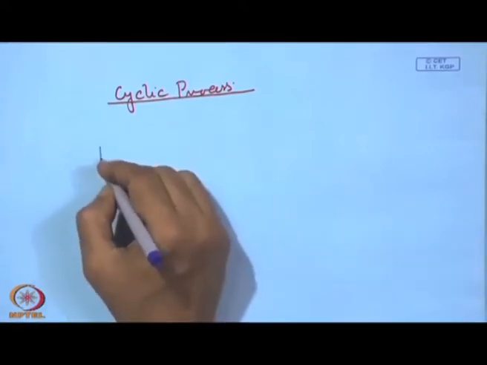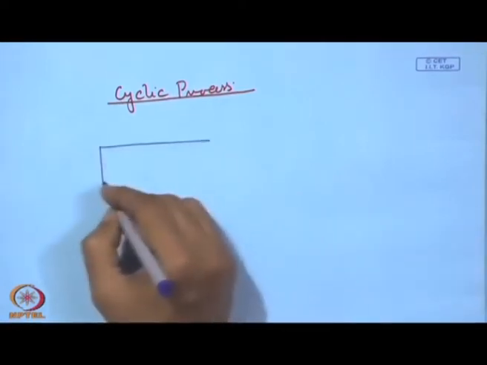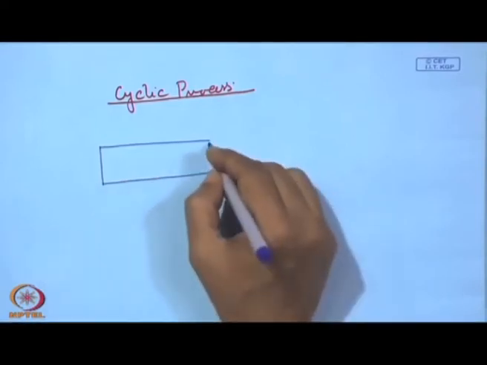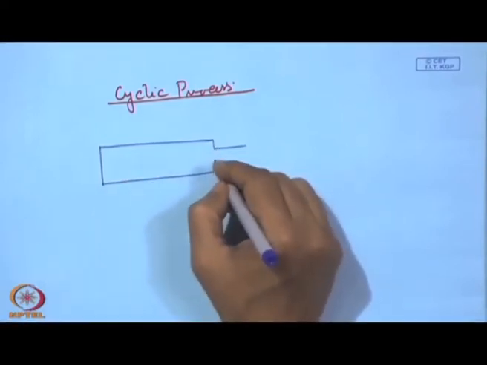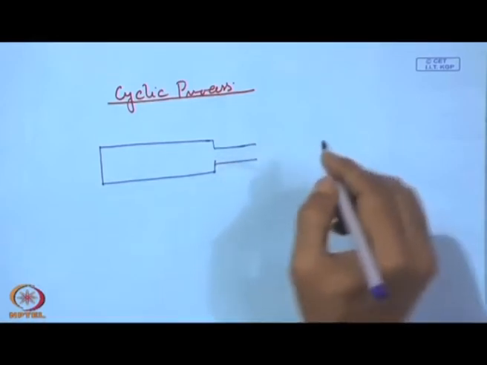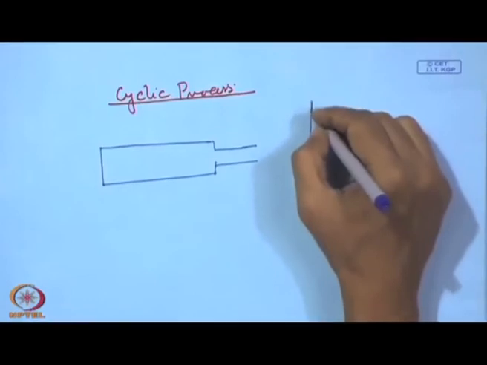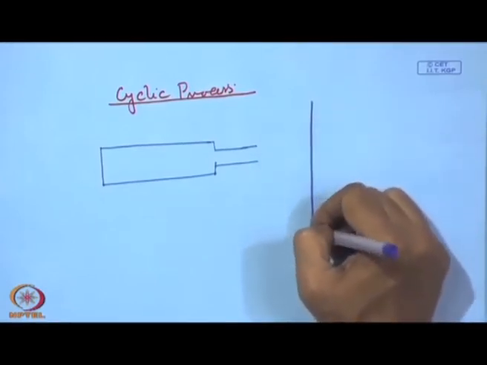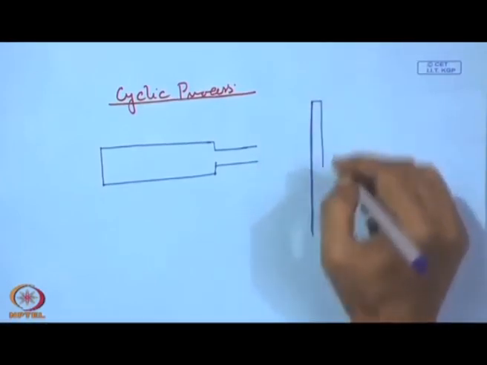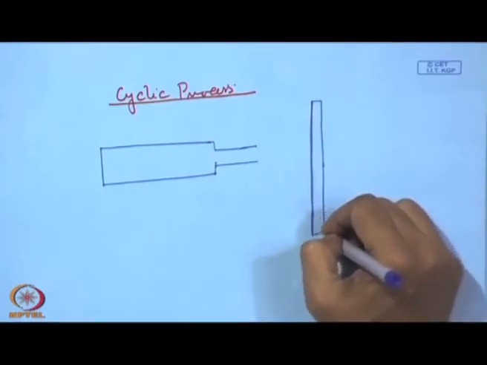So, the basic thing is that we use the same principle of combustion within a chamber. Say this is a chamber which has just one exit on this end, and at the exit the substrate can be seen.